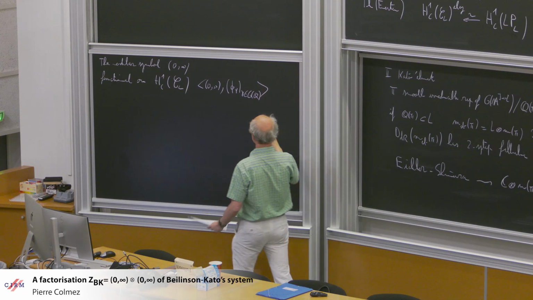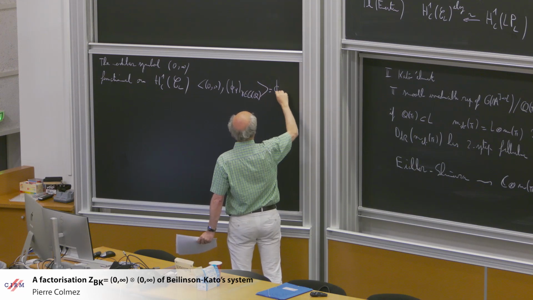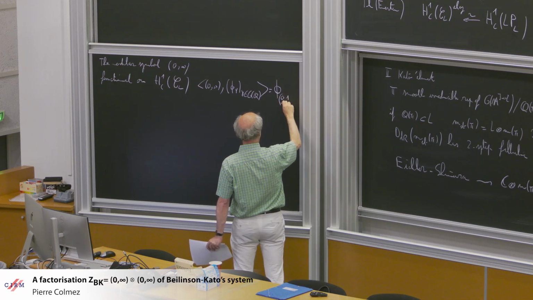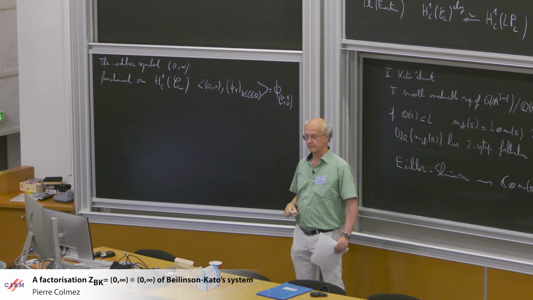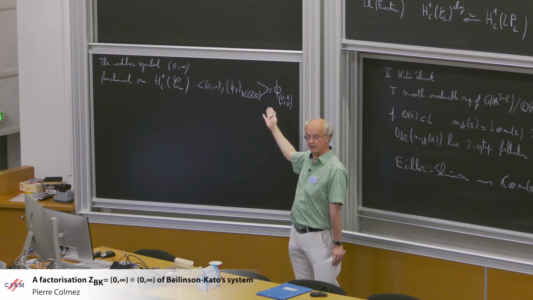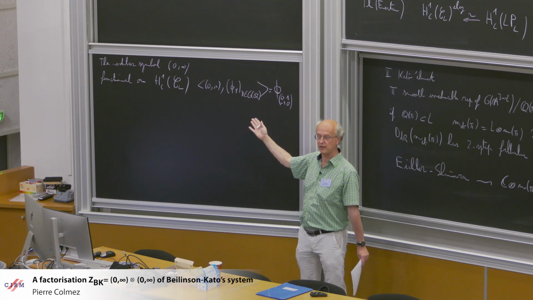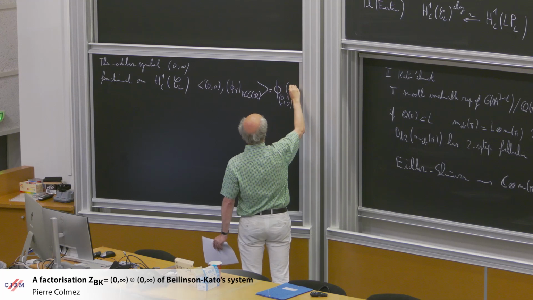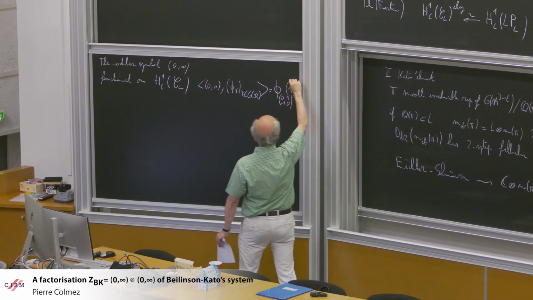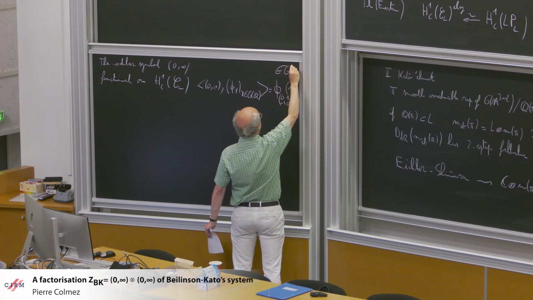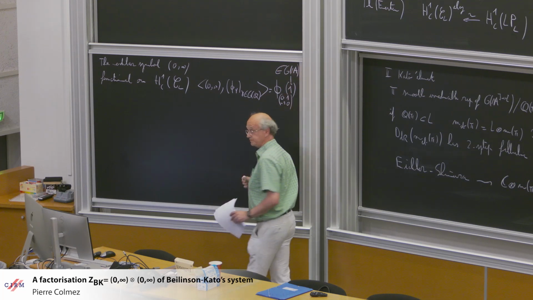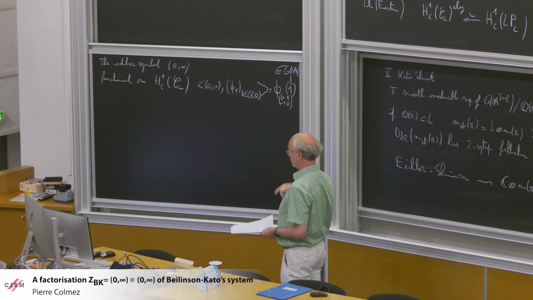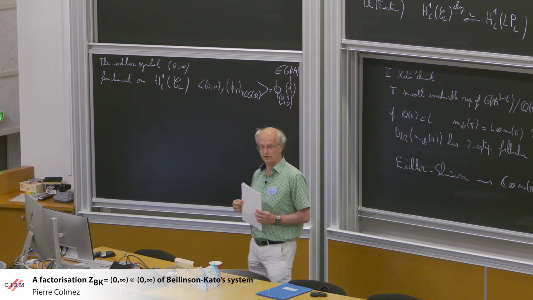Then what you do, you just take φ evaluated on this matrix. Okay, so you get a function on G(A), by definition a continuous function on G(A). And this function you evaluate at the identity element, so that's the identity element in G(A). Okay? So it's difficult to dream of an easier formula.